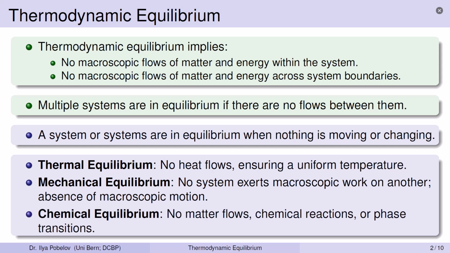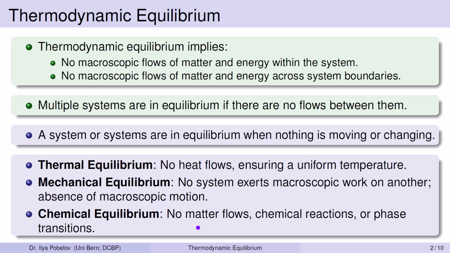Chemical equilibrium stands as a significant component of thermodynamic equilibrium, especially for open systems. It emerges when there are no flows of matter either within the system or between different systems.